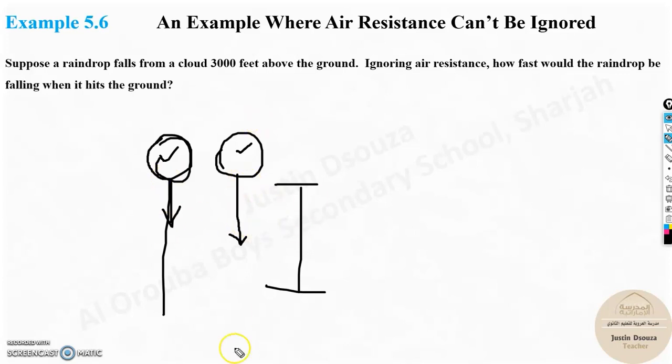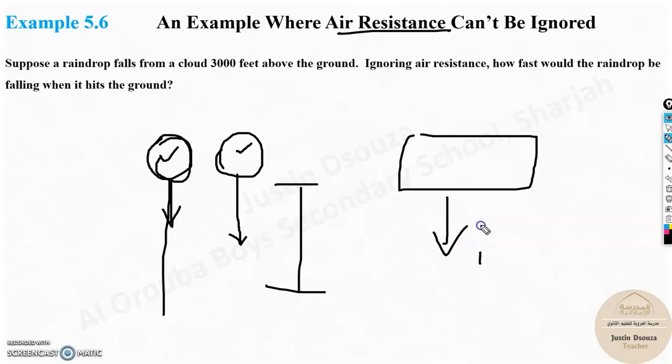If there is no resistance, it must fall at the same time. But here, since air resistance is there, this will not fall at the same time. Okay, the ball of cotton. It's like dropping a paper. When you drop a paper, what happens? Air resistance will make it fly everywhere, right?